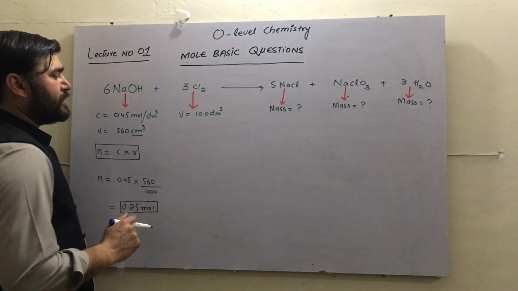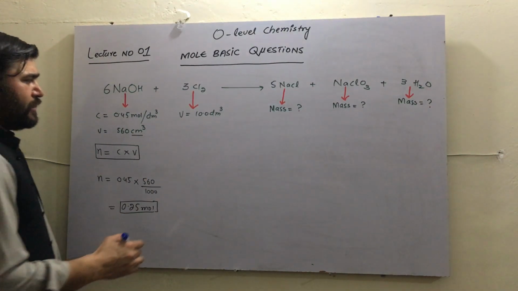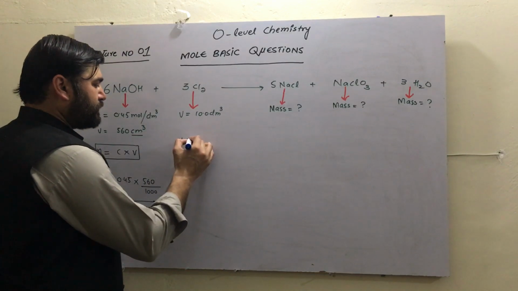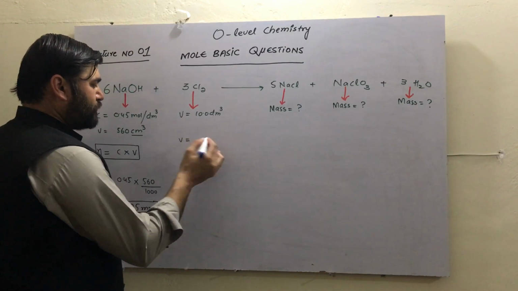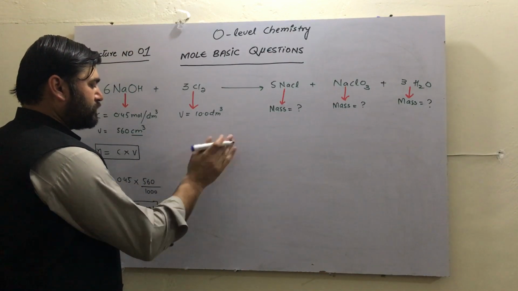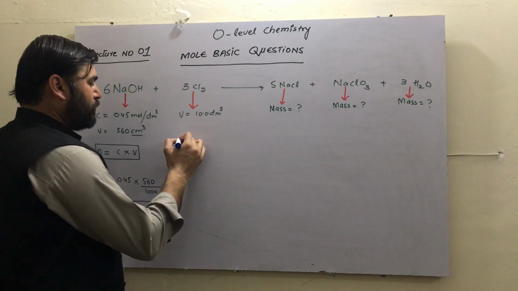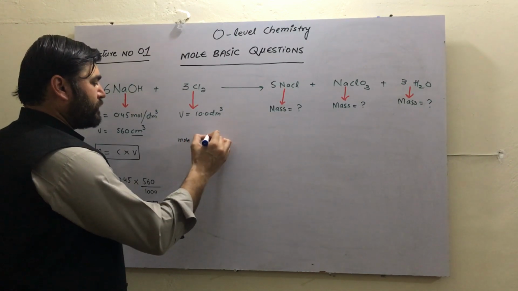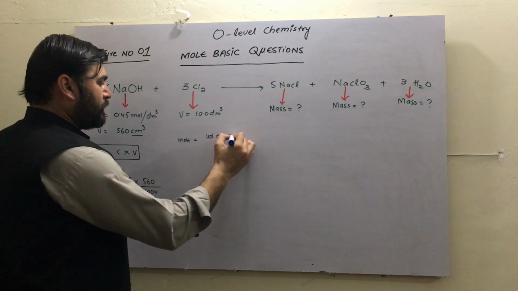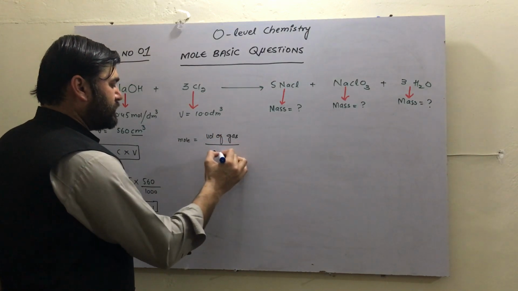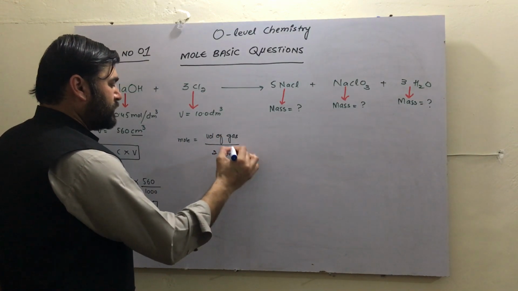How can you find out the moles from the volume of a gas? With a similar formula: mole will be equal to the volume of gas divided by 24 dm cube. This is very easy.